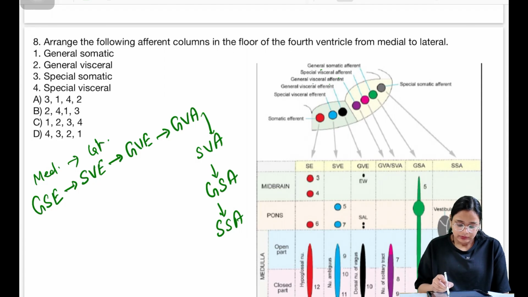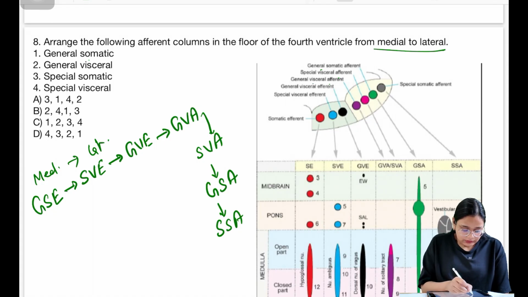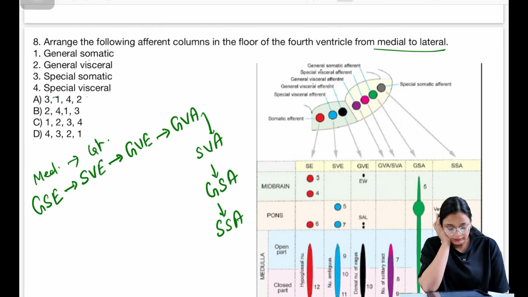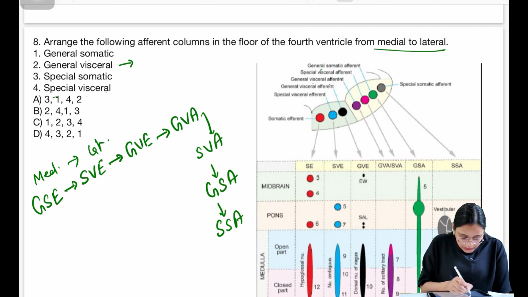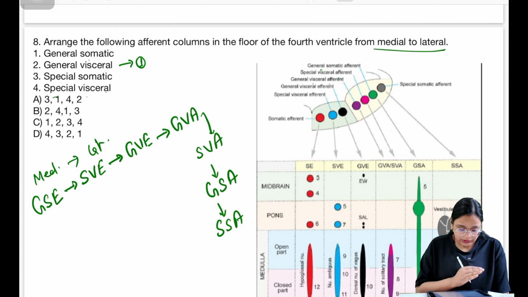So if you check medial to lateral, here we will arrange them in sequence: general somatic, general visceral, special somatic, special visceral. General visceral will be in the first position, most medially.